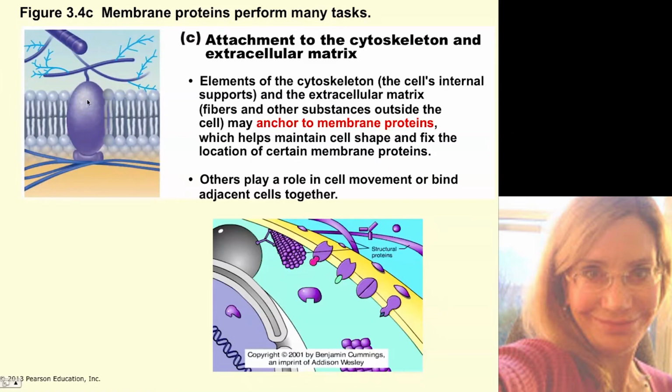And this helps maintain cell shape, and it can fix the location of certain membrane proteins. Other proteins such as this one will play a role in cell movement or bind adjacent cells together. Adjacent means those cells that are right next to it.